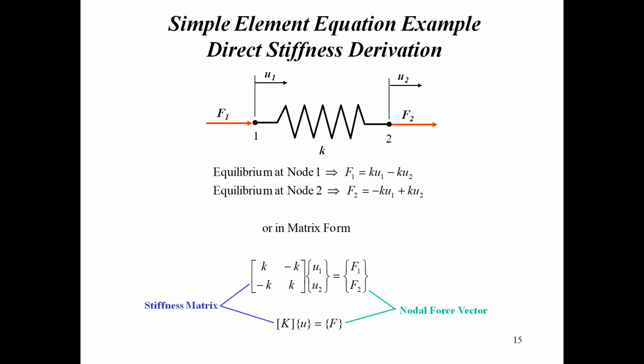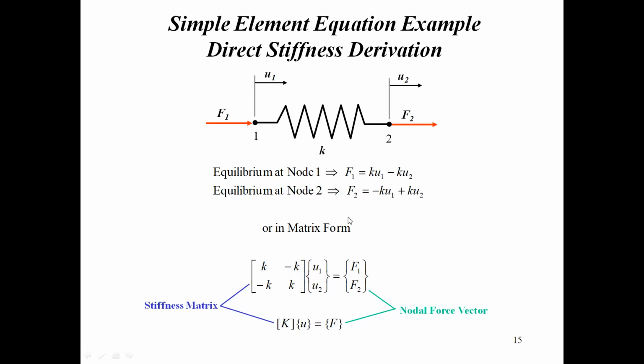Minus K U2. Thereafter the equilibrium at node 2. Considering the force applied at node 2, we consider K U2 minus the displacement K U1. So it is written as F1 equals K U1 minus K U2, and F2 equals minus K U1 plus K U2.